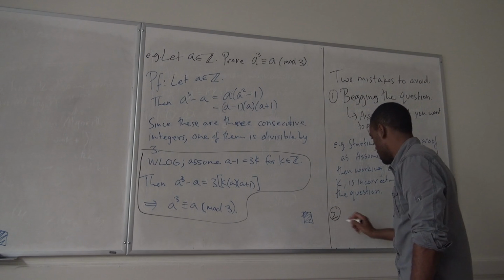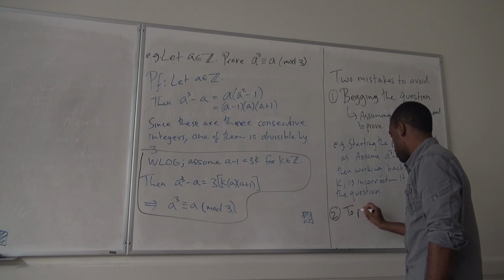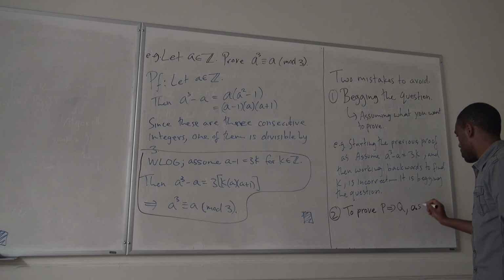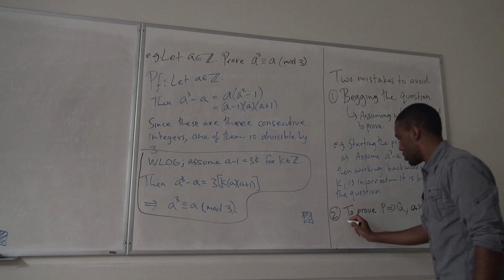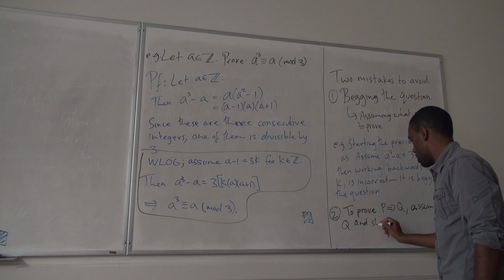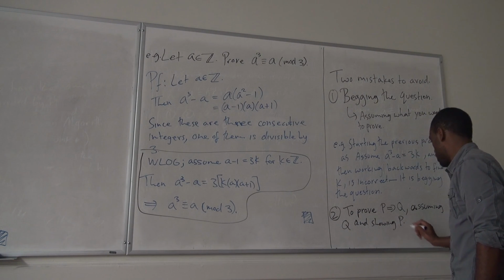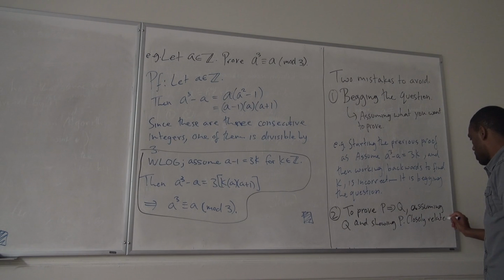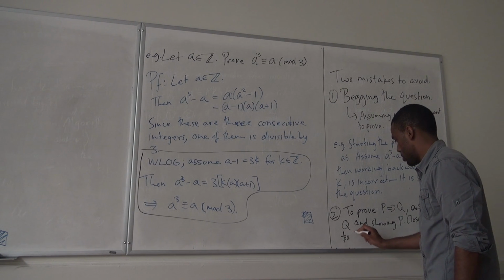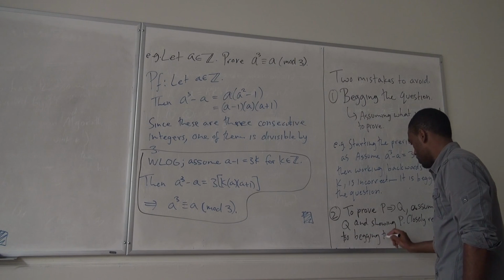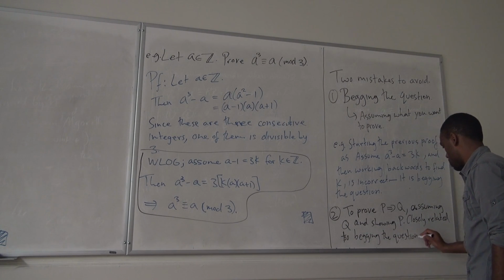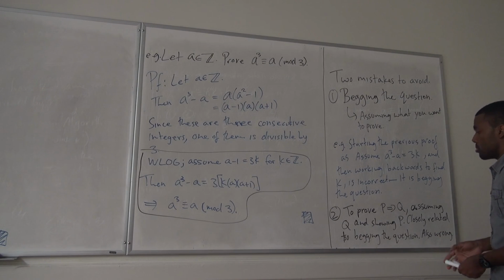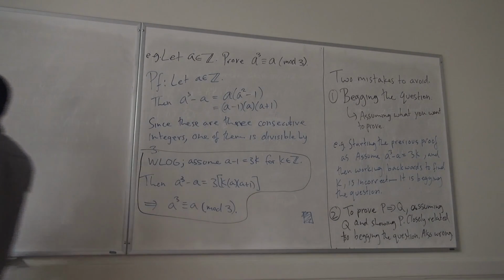Closely related to that is this: to prove P implies Q, assuming Q and showing P is kind of what begging the question actually is.